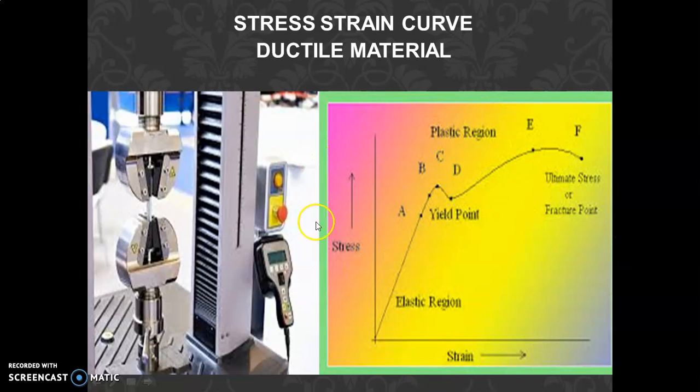But if we plot the stress and strain graph for mild steel, then that will be like this. Is it okay? So this particular curve of stress and strain is for ductile material. So see, this is proportional limit, elastic limit, upper yield point and lower yield point.